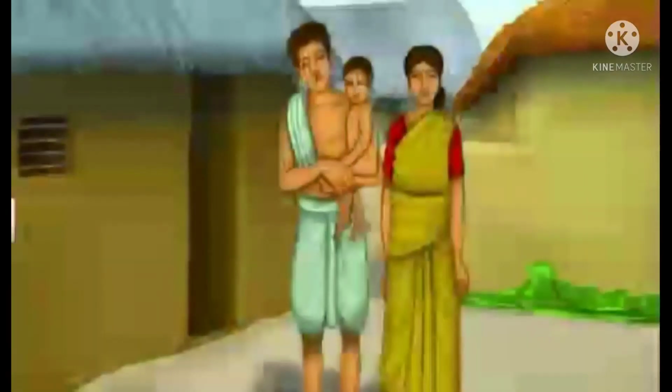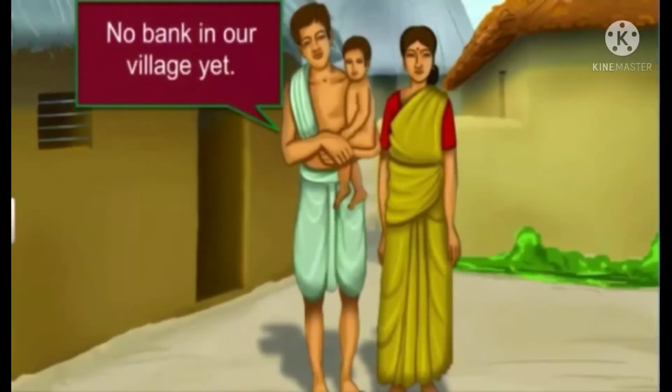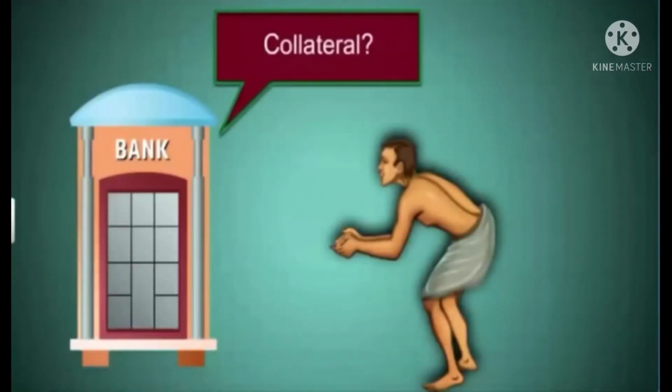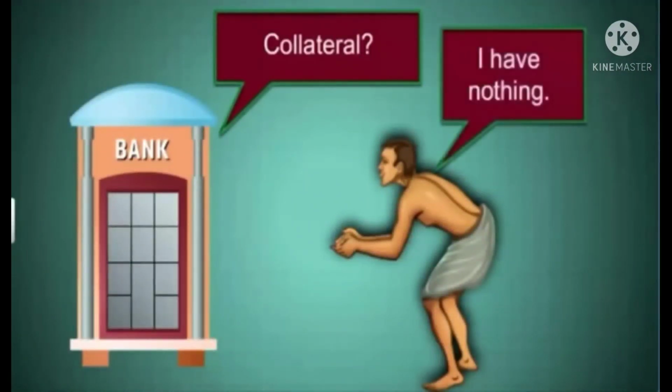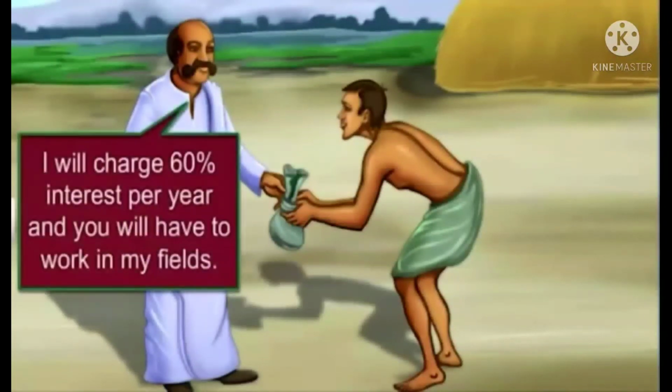This is because banks are either not present in a rural area or demand collateral against a loan that the poor people are unable to provide. Thus, the poor are forced to take credit from moneylenders who charge high rates of interest and exploit the borrowers.